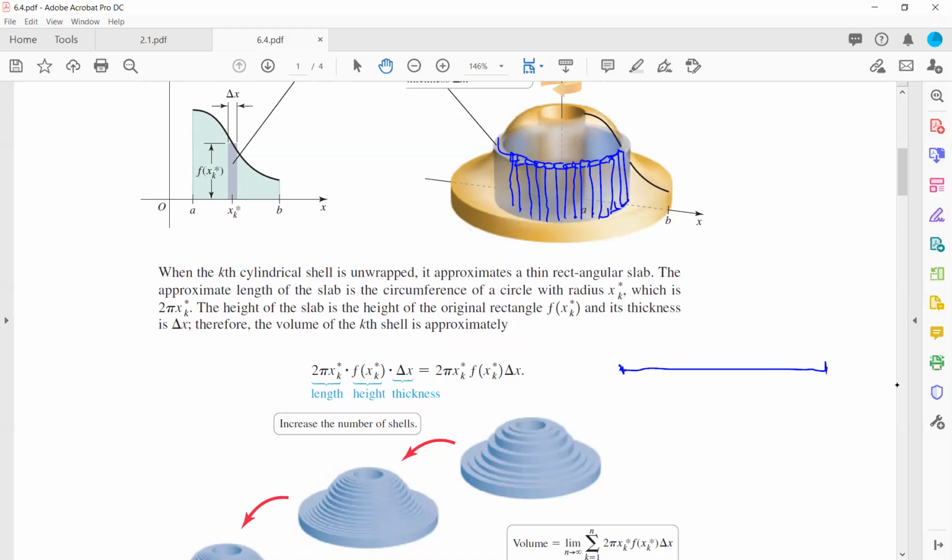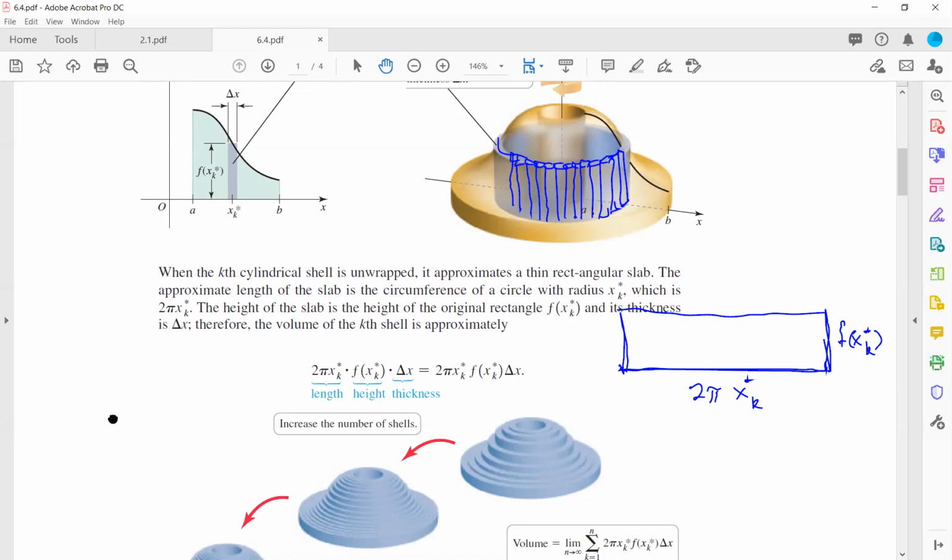If you expand your cylinder, it has a length 2 pi x sub k star, and the height is equal to f of x sub k star. And finally, you multiply it by the thickness of this slice here.